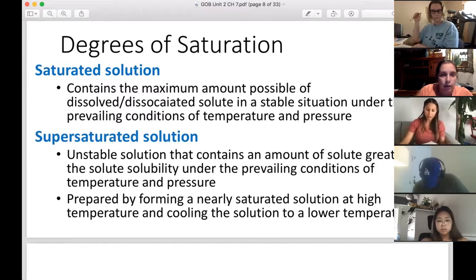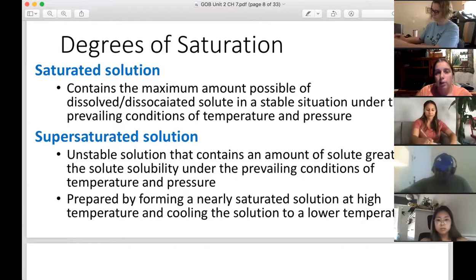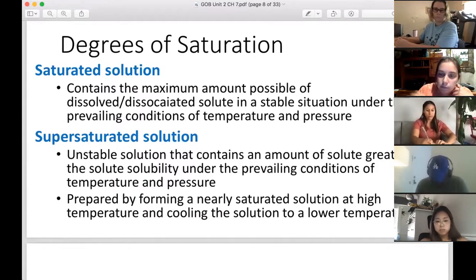When we're adding a solute to a solution, a saturated solution would be the maximum amount of solute that we can get into the solvent while it's still stable at a certain temperature and pressure. So for example, if I have my cup of sugar and water, it may be a saturated solution at room temperature. I keep adding sugar until I can't get any more sugar to dissolve in it at room temperature.